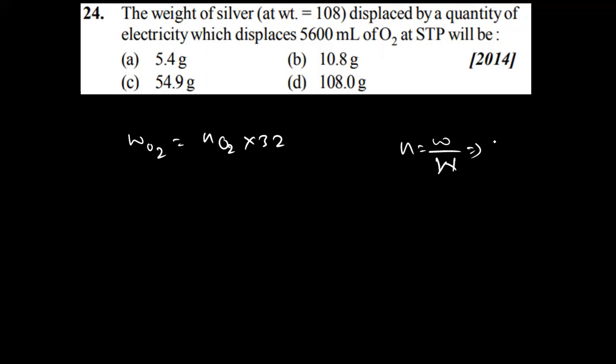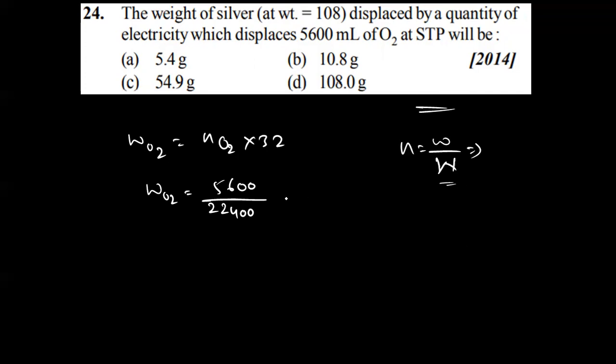So the mass of oxygen given is what we have to calculate. We know that the molecular mass of oxygen is 32. So WO2 is equal to, electricity which displaces 5600 ml of O2, so 5600 divided by 22,400, because they have given the condition at STP.